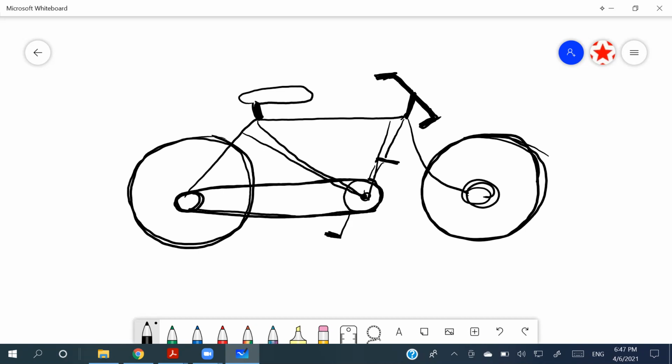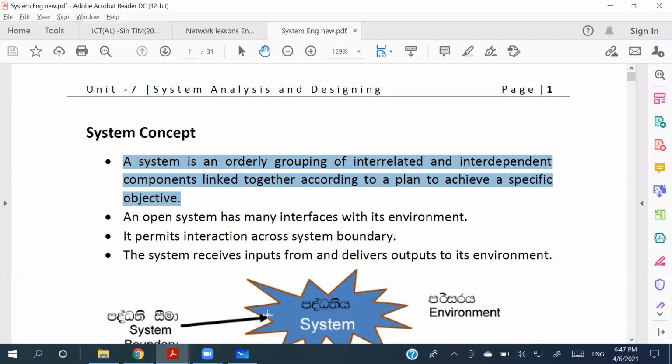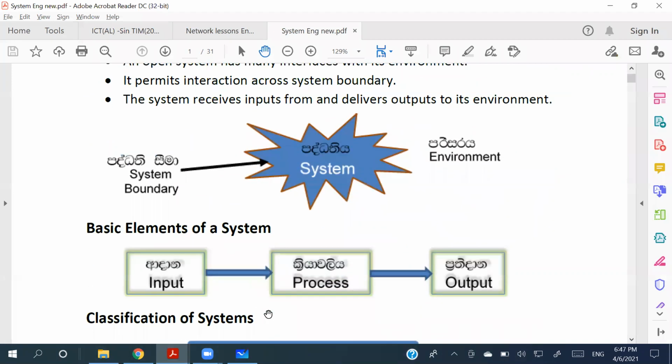And that is processed with the components of the bicycle, and the output is moving from one point to another point, or like output will be the moving, right? So likewise, if you take a system, we can always see this input, process, output scenario inside that.